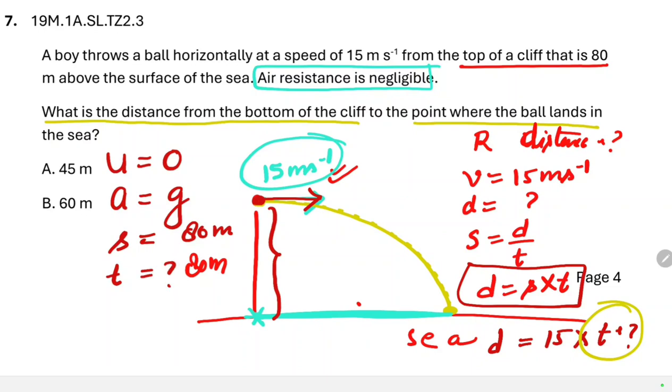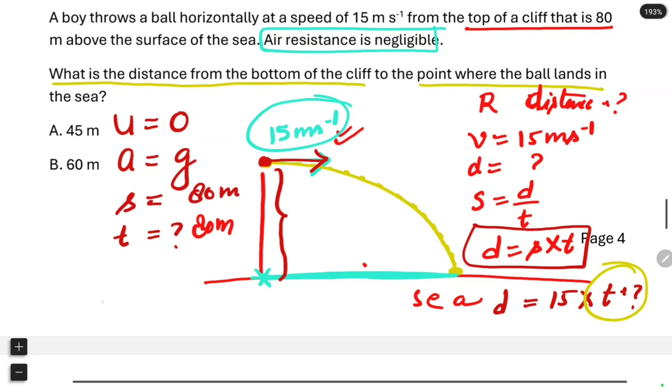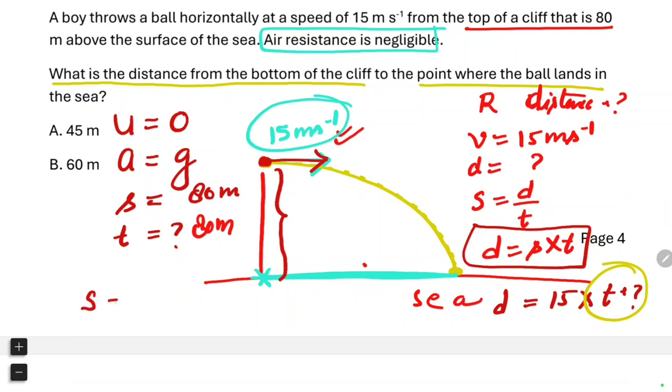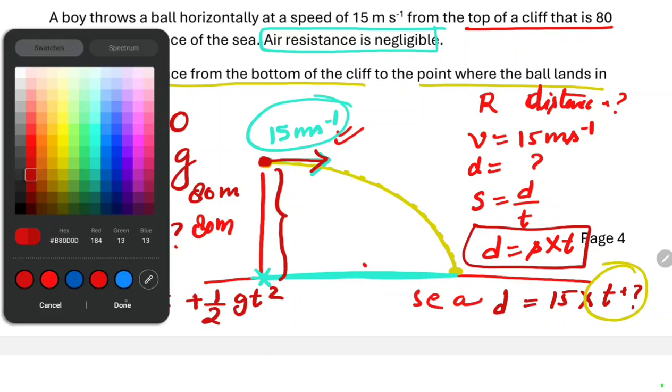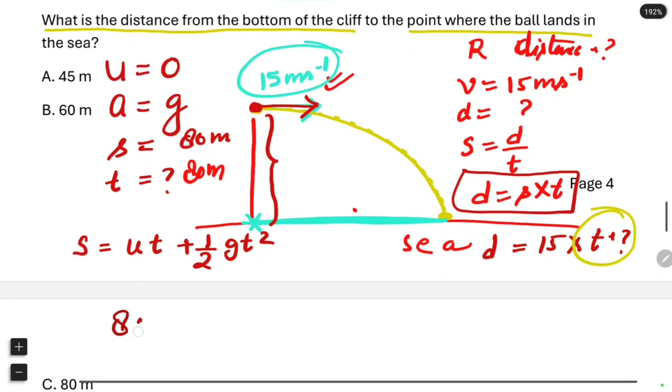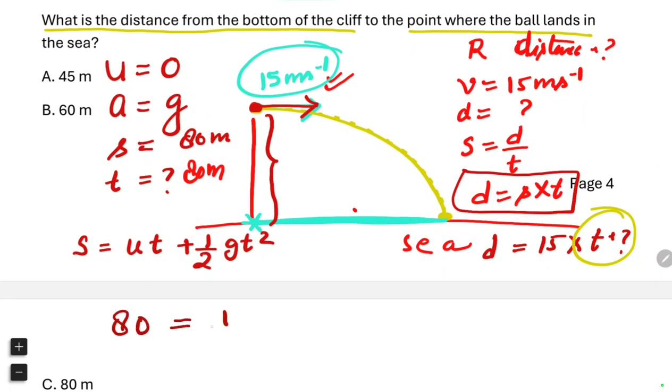I need time. Okay, so I'm going to use the second equation of motion basically. Yeah, s equals ut plus half at square, right? So ut minus half gt square. Okay, let me take it plus. Okay, cool. So if I put the value, 80 equals u is 0, so half into g, where g is 9.8.